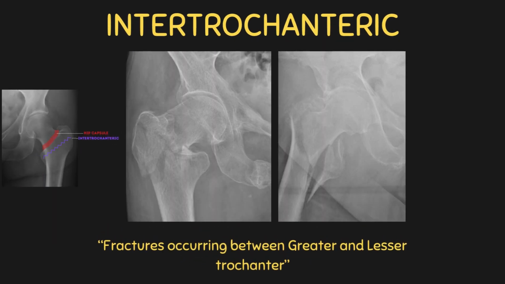Next, moving on to the extracapsular fracture types, we have what is known as an intertrochanteric fracture. As you have probably guessed from the name of this fracture, these are fractures which occur between the greater and lesser trochanter, as shown by the examples on your screens.